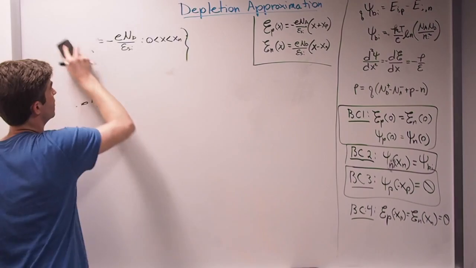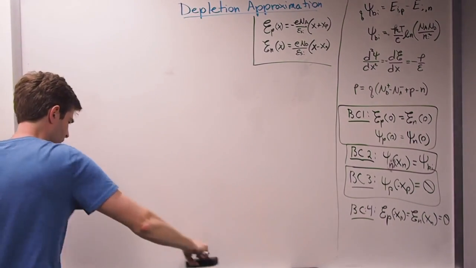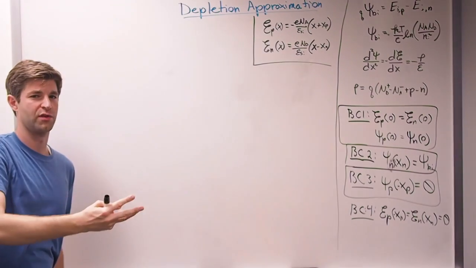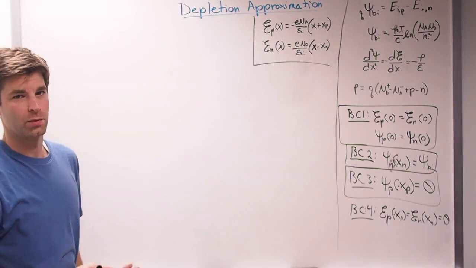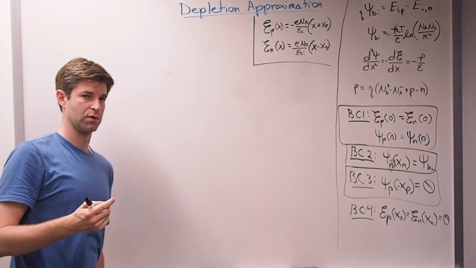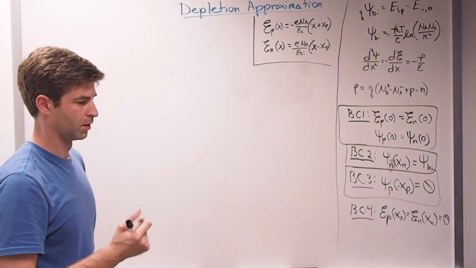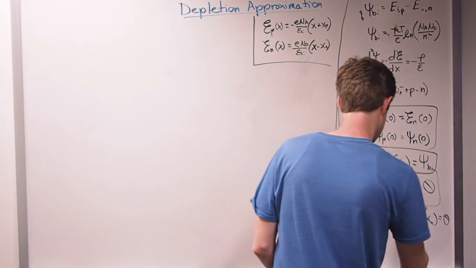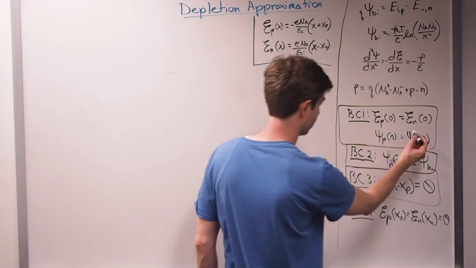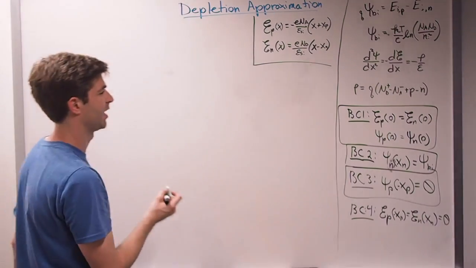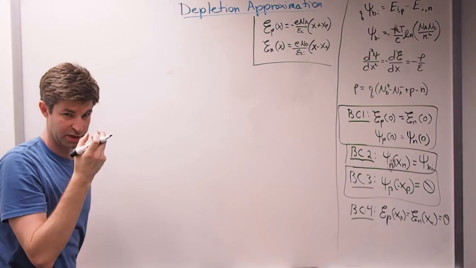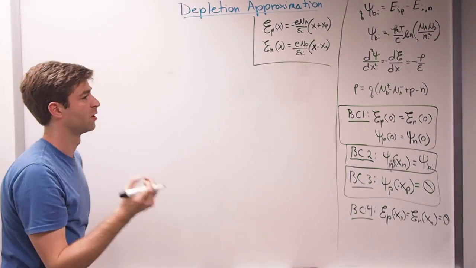Having done that, I'm going to erase this. And now we're going to move on to potential. Well, actually, we're going to look at one more boundary condition, and it's going to give us an important equation that will help us later on when we derive the actual length of the depletion region. So boundary condition 1 implies that at the metallurgical junction at 0, because we have a continuous electric field, they're both going to be equal to each other.